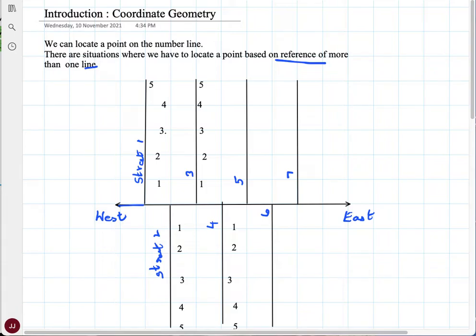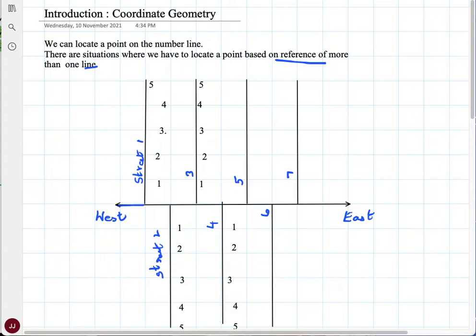Suppose we want to find a friend's house here. Is it enough to know only one reference point? Suppose we have only one piece of information, whether he or she lives on street 3 or street 4. Will we be able to find his or her house? No, that's not possible.